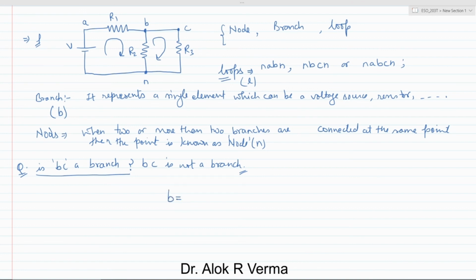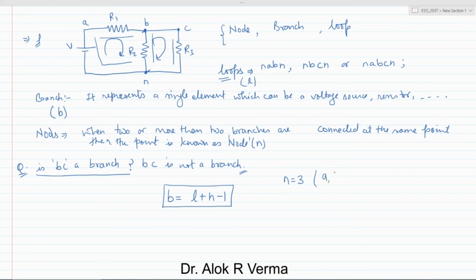Total number of branches is nothing but the number of independent loops or fundamental loops plus nodes minus 1. Now how will we recognize this? How many total loops are there in this? Here in this case, the number of nodes is 3.